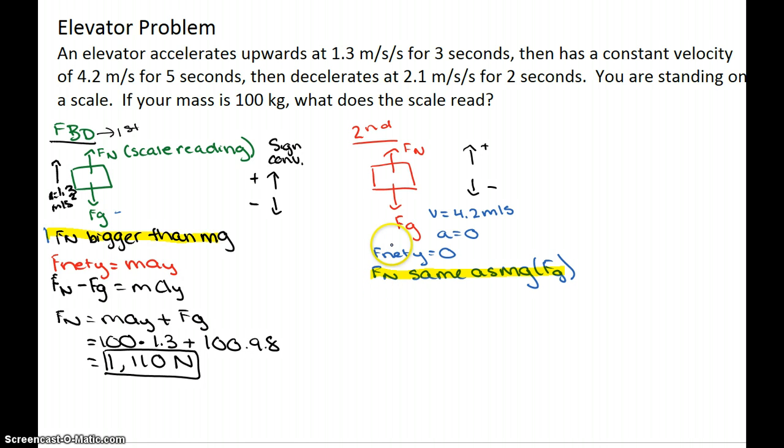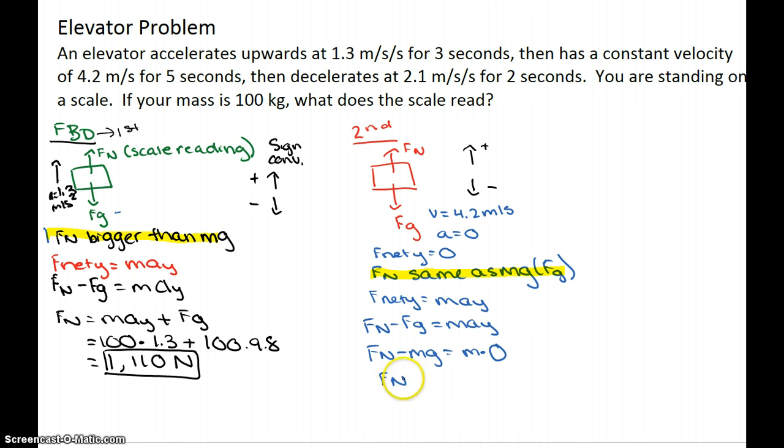Now that we're back centered, over here we saw that our normal force was bigger than our weight when we were accelerating upward. Here, when we're moving at a constant velocity, it's the same. So let's calculate that out. F net in the y direction equals mass times acceleration in the y direction. Our net force is the normal force minus the force due to gravity, and that equals m times a_y. We said Fn minus mg equals m times 0, since our acceleration is 0.